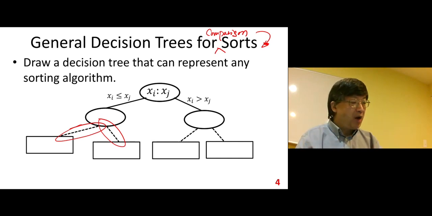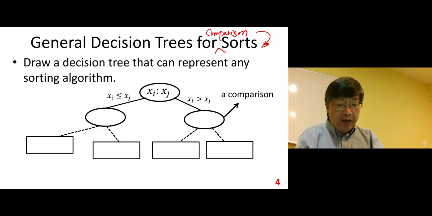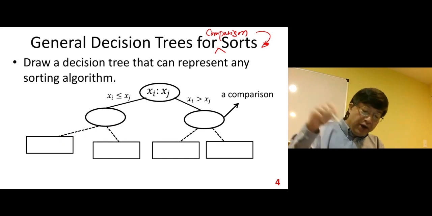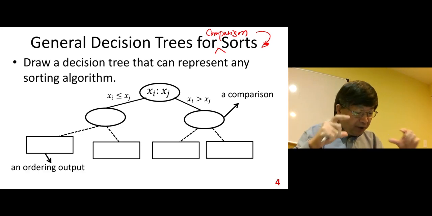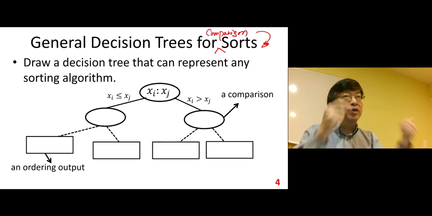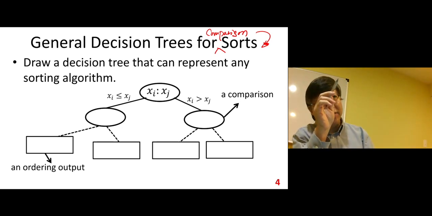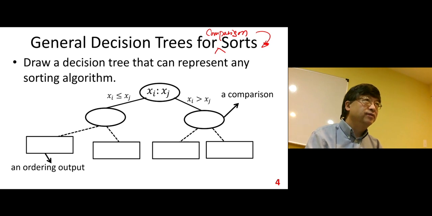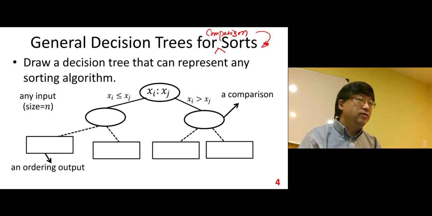Now let us study the properties of this decision tree. Each oval node represents a comparison. Each rectangular node is an ordering output, an ordering result. Assume the input size is n, that is, there are n elements in the array.